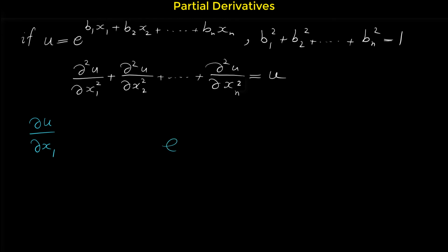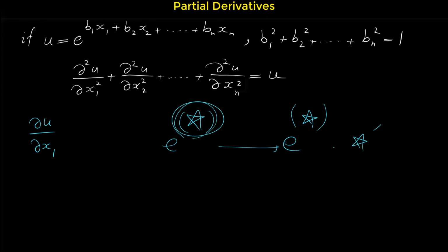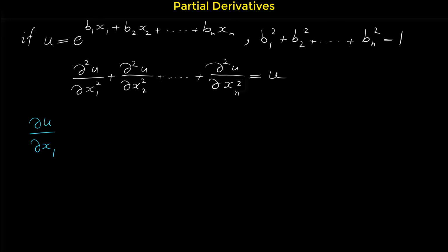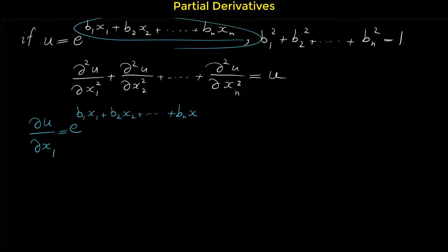Let me remind you the derivative of e to some expression. The derivative of e to any expression is the same function. Don't forget to multiply by the derivative of the exponent. So if we use this formula, the derivative of e to this expression with respect to x1 is first write the same function and multiply this by the derivative of the exponent with respect to x sub 1.